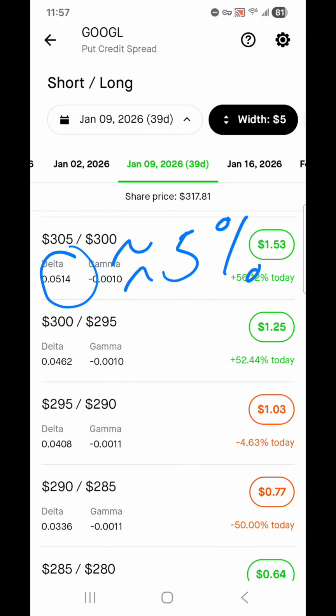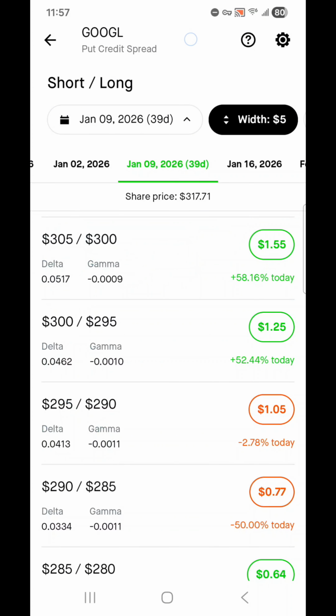So share price is currently $318, and if it moves below $305, there's only a 5% chance of that happening, 5.14% chance of that happening. And if we keep going down, this is a 4.62% chance of that happening. This one's 4.08% chance of that happening.